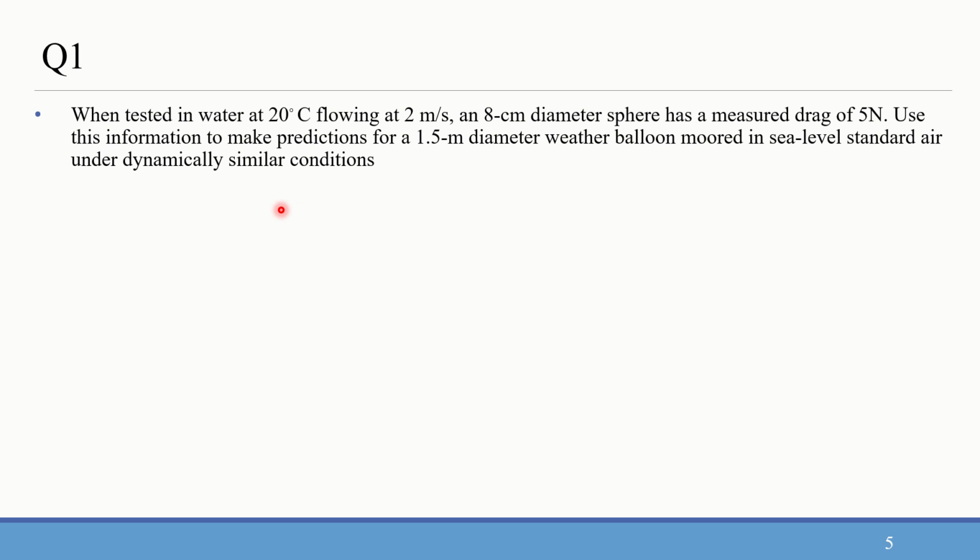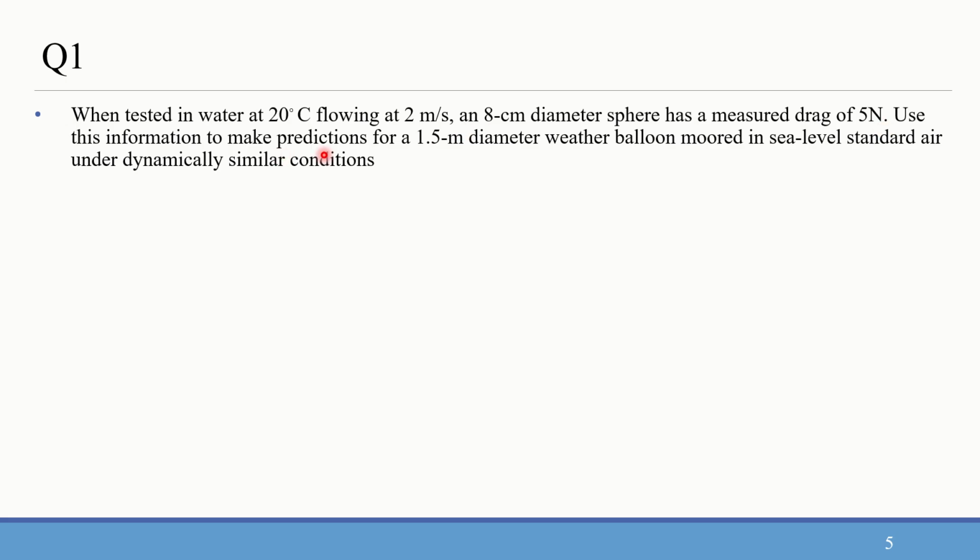So as you mentioned, this week more problems are regarding dimensional analysis and concepts of similarity we are going to see, and a few particle characterization problems also we will be seeing. So first one is a problem. When tested in water at 20 degrees Celsius flowing at 2 meter per second, an 8 centimeter diameter sphere has a measured drag of 5 Newton.